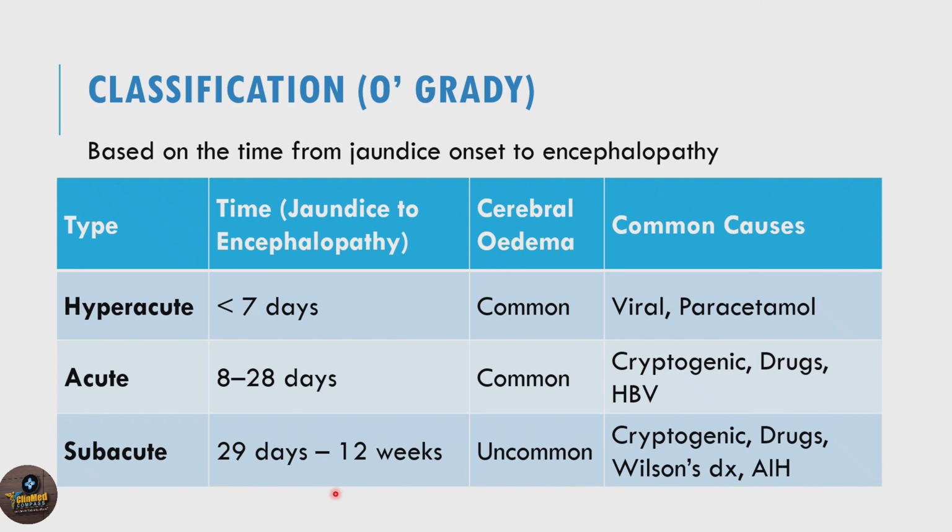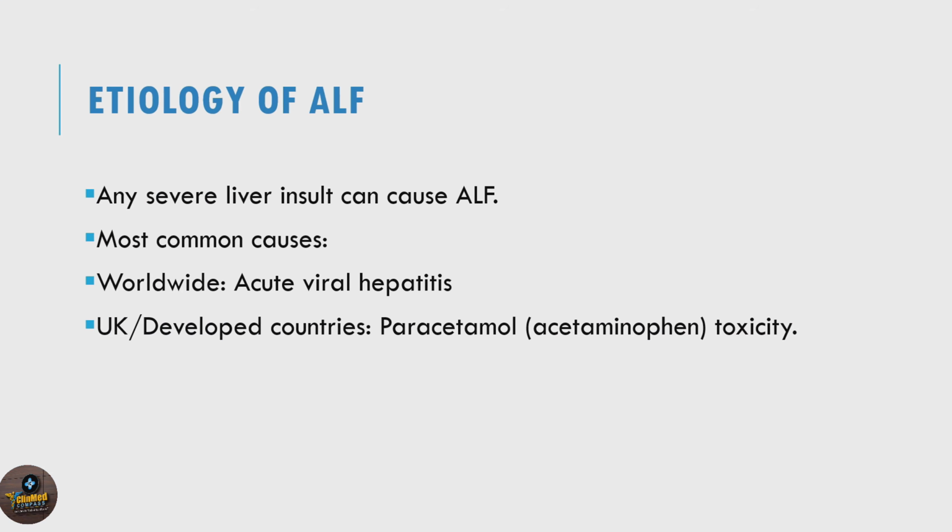It is important to note that the faster the onset of encephalopathy, as in hyperacute and acute, the faster the development of cerebral edema. Any significant liver insult can lead to acute liver failure. Globally, the most common cause remains acute viral hepatitis, which is also the most common cause in developing countries.